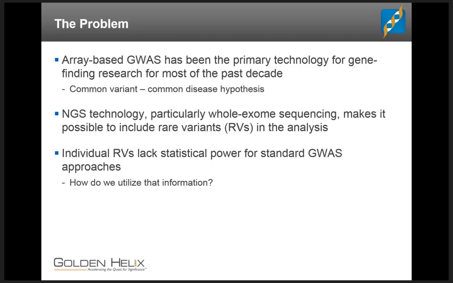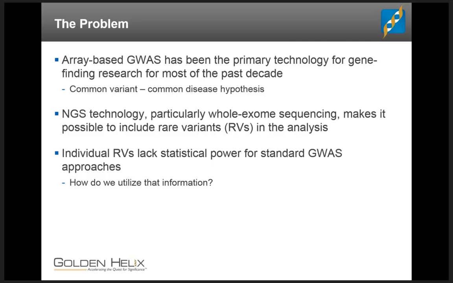Of course, GWAS arrays are really biased toward identifying common variants, and they've been very productive in that regard in identifying common variants that are associated with various traits. But as we look now at NGS technology, and especially whole-exome sequencing as one of the primary drivers, it's possible to include rare variants in the analysis.